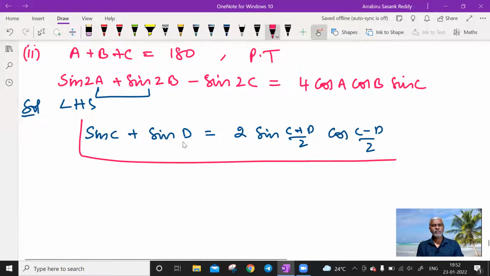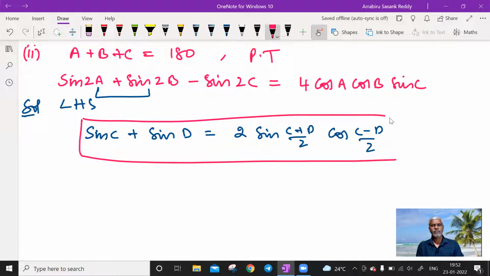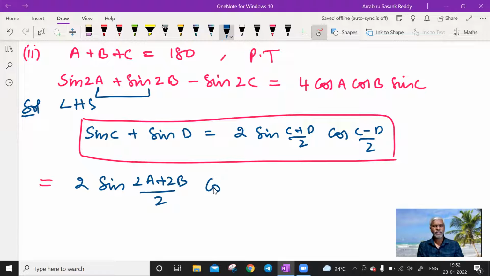Same as the above problem, this becomes 2 sin((2A plus 2B)/2) cos((2A minus 2B)/2) minus sin 2C.